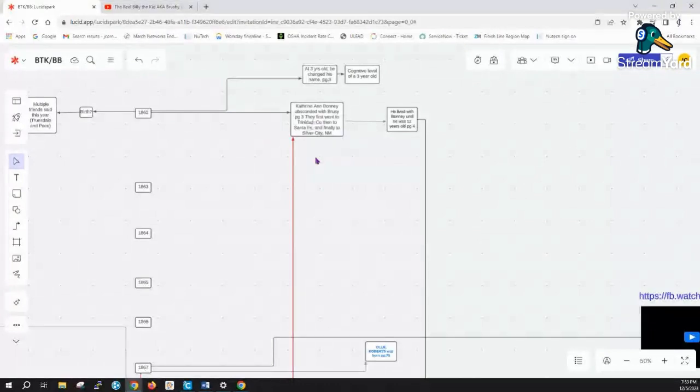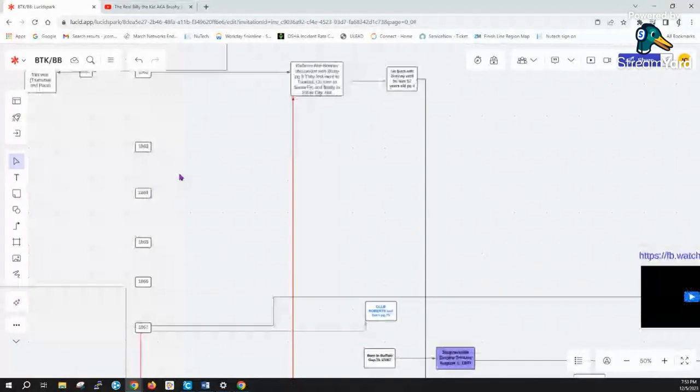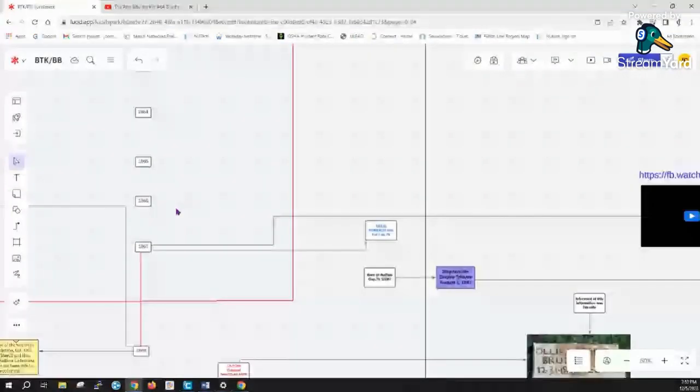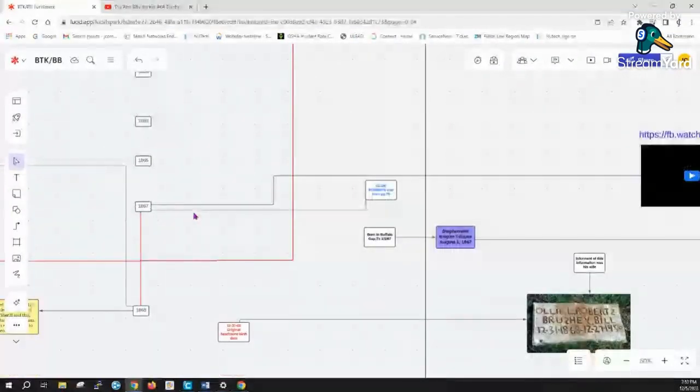And so we saw that on page 4. So not much going on. We have the Civil War in the United States, '61, '62, '63, '64, '65, '66. Now, on the Brushy side of things, I really don't have anything on the kid side. 1867, there's an interesting thing there.